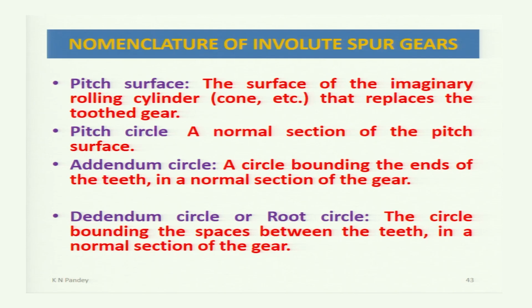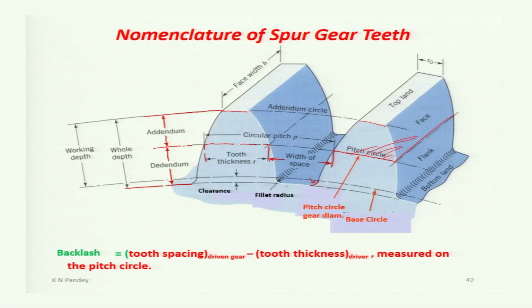Then the dedendum circle or root circle is the circle bounding the spaces between the teeth in a normal section of the gear. That means the bottom one, this space, the circle passing through this. This is your dedendum circle.